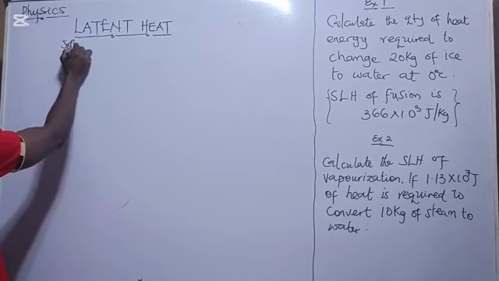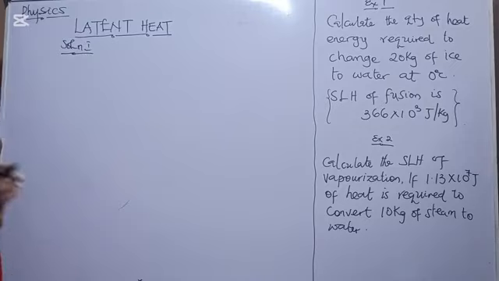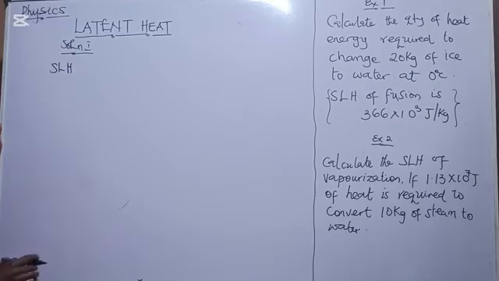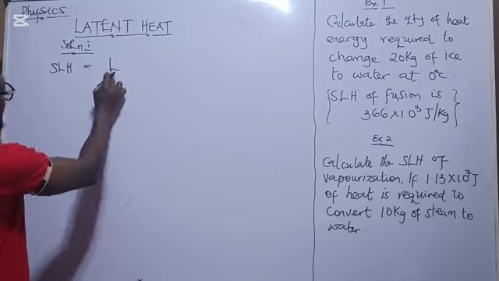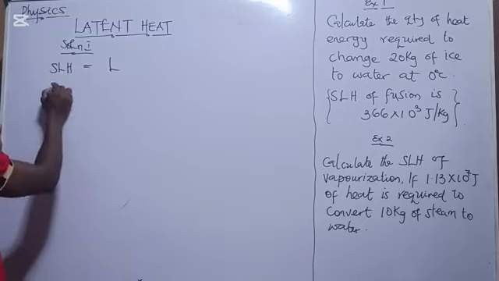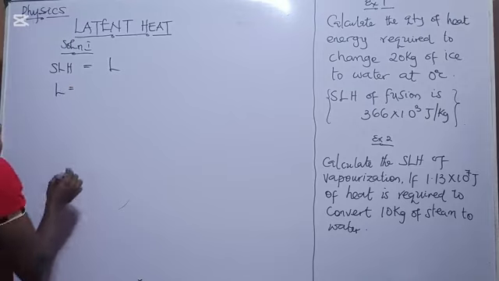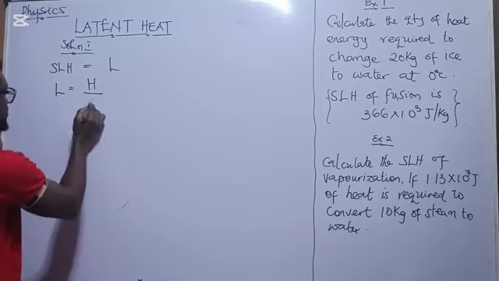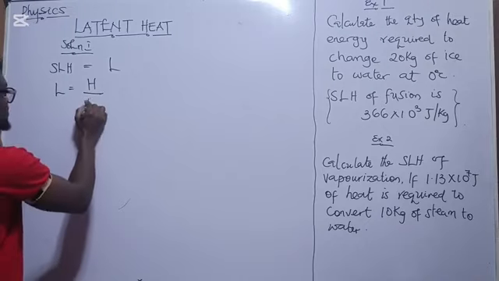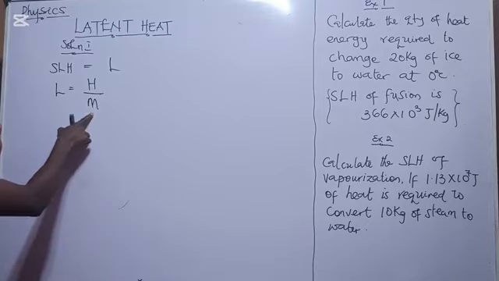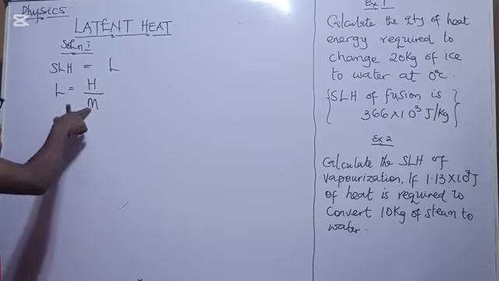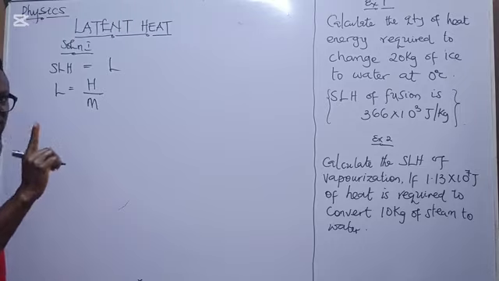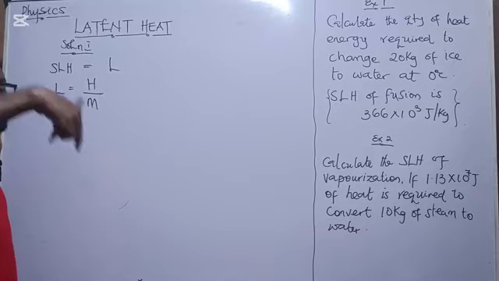In order to solve question number one, from the definition, we say that the specific latent heat, which I can represent with letter L, is the quantity of heat required to change a unit mass, the state of this unit mass from one form, which could be solid, liquid, or gas, to another form.